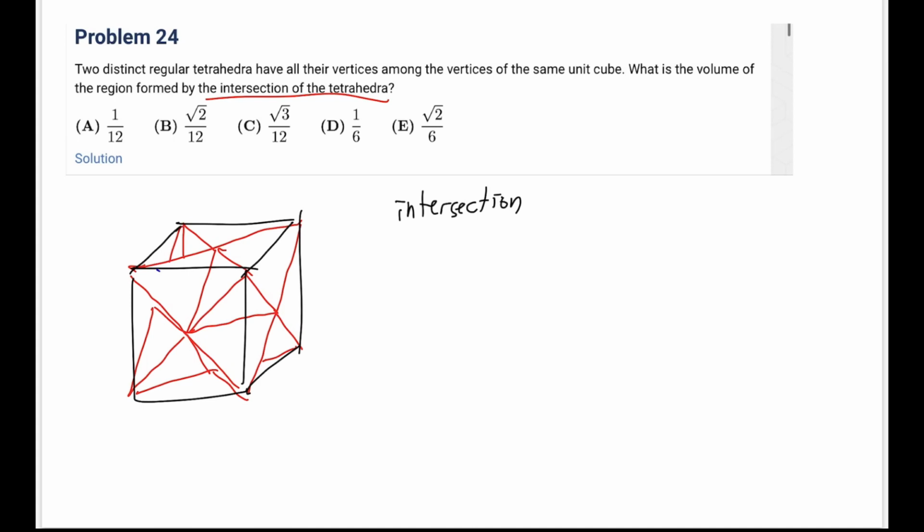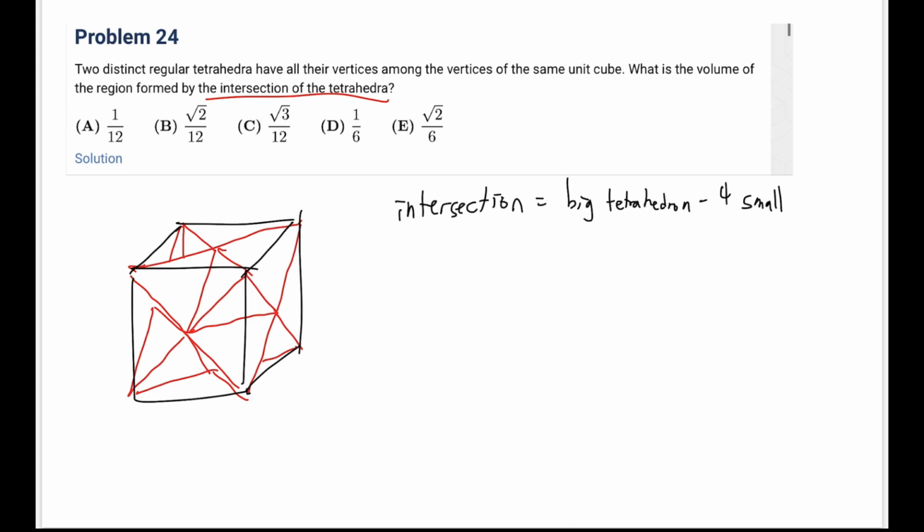I don't know if you can see it here, but this is the big tetrahedron minus 4 of these smaller tetrahedrons, right?